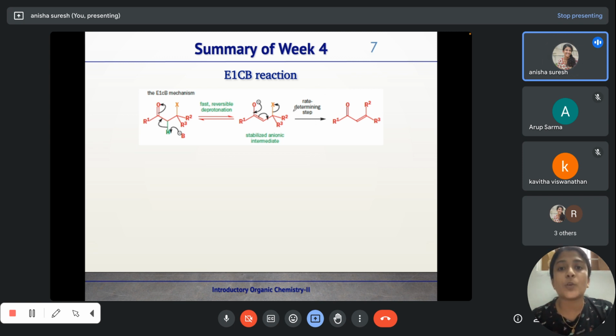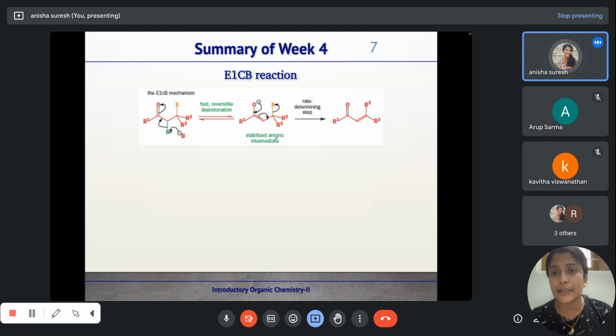So if we are considering this as the acid, this will be the conjugate base, right? Yes, ma'am. By removal of a proton, it results in the formation of a conjugate base. So this is the conjugate base of this acid. This reaction is first order with respect to this conjugate base, that is why it is known as E1cB reaction.